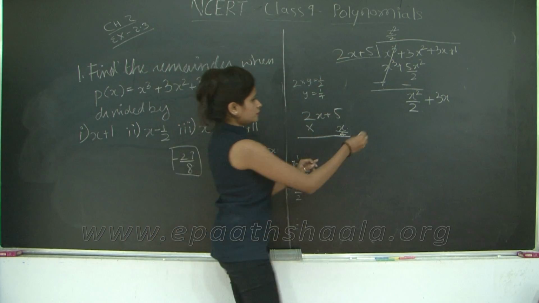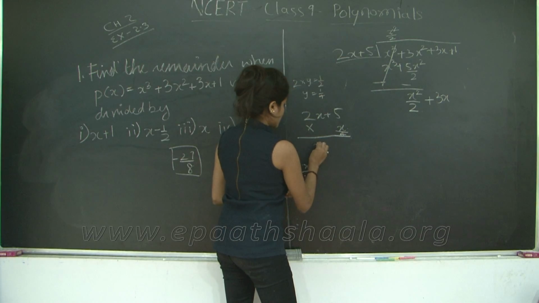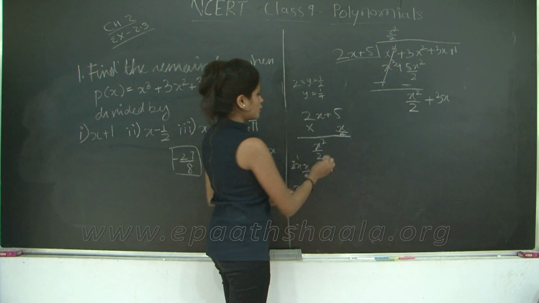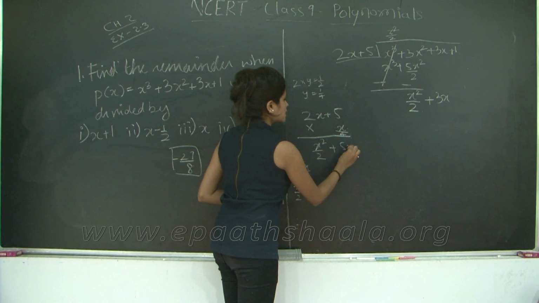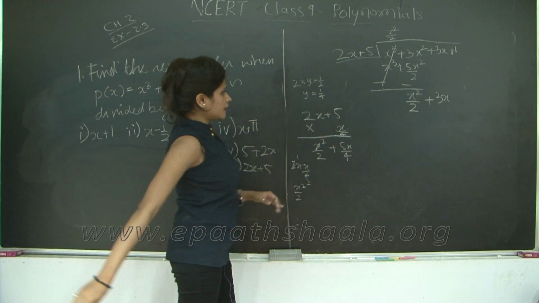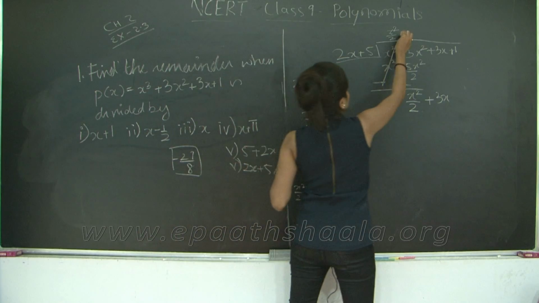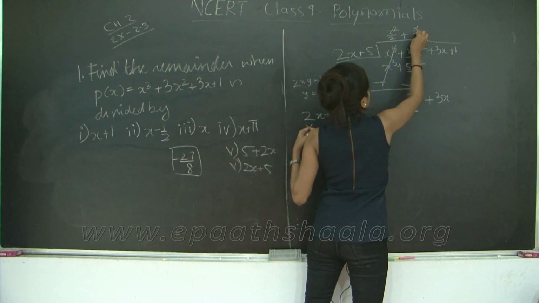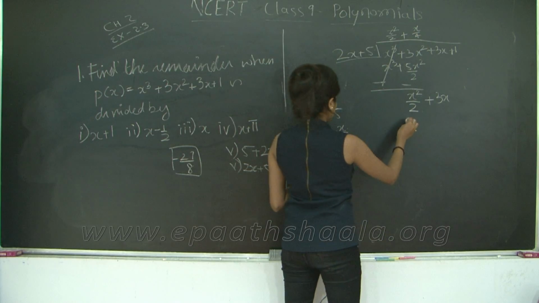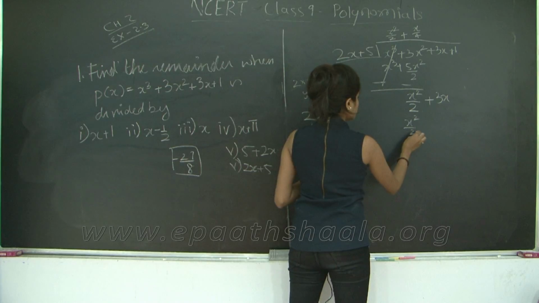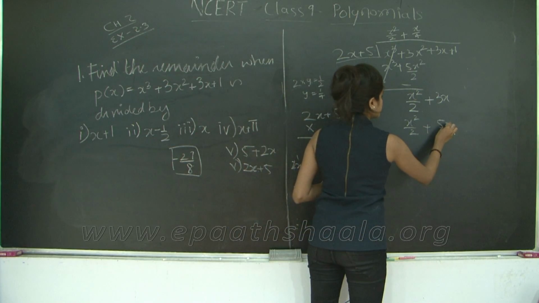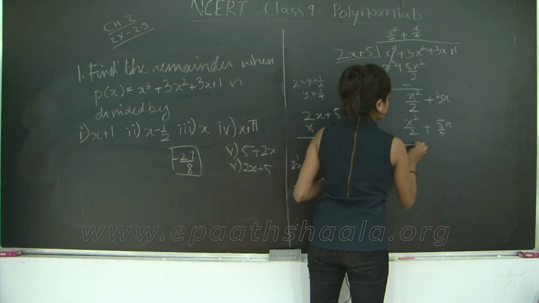So you get x square upon 2, plus 5 into x upon 4 gives you 5x upon 4, so plus 5x upon 4.